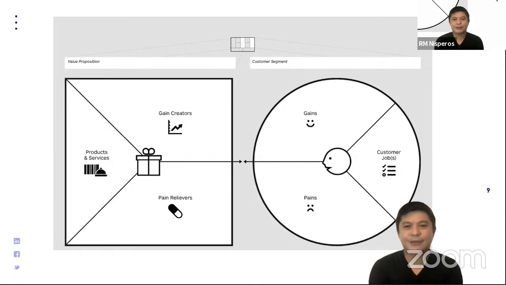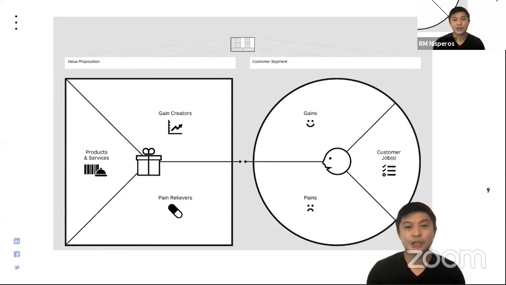So customer segment has a typical customer, let's say, an example of a customer. So meron kayong example of one customer. They have several jobs to do in their lives. It could be functional, about their family, about their work.